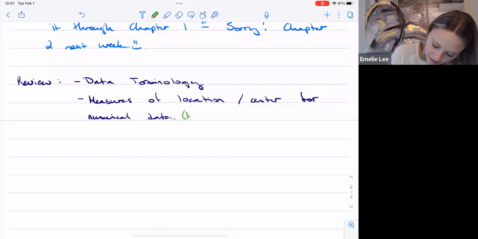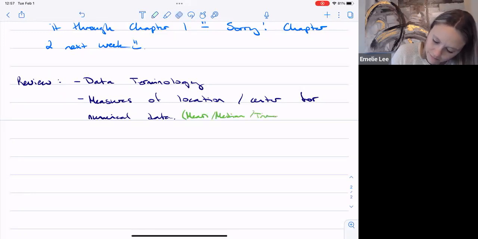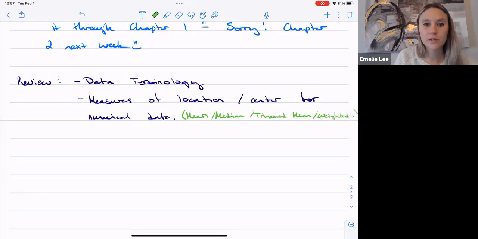So here I'll just do a quick list: the mean, the median, the trimmed or weighted mean, etc.